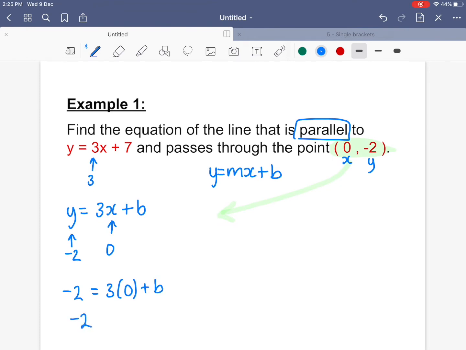Now all of this becomes 0, so minus 2 is equal to just b. And now I found what my b value is. So at the end, I can write out the full answer. The gradient was 3 and the b value was minus 2. And that is my full answer for the equation of the line that was parallel to 3x plus 7 and passes through the point 0, minus 2.